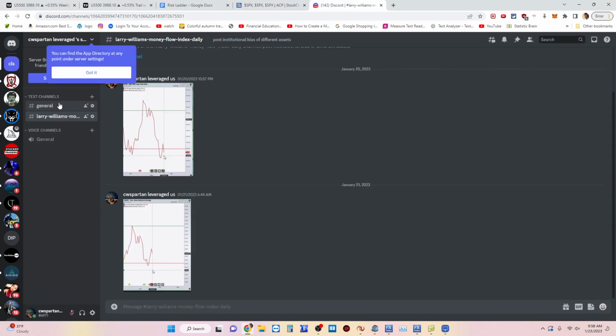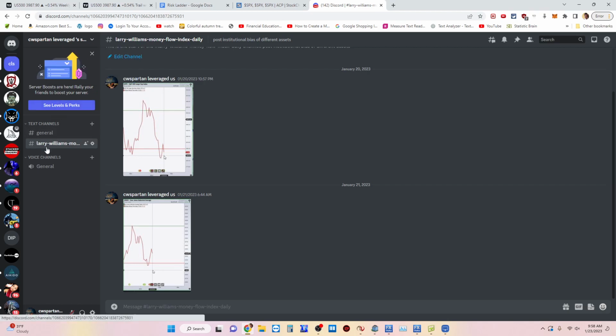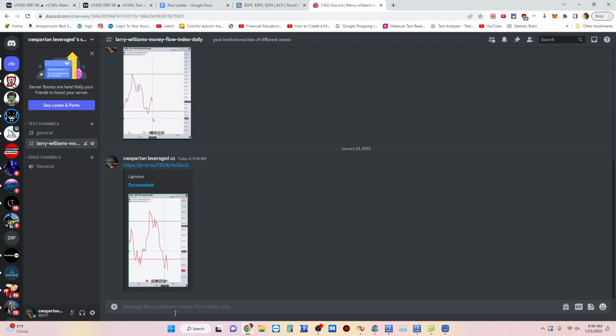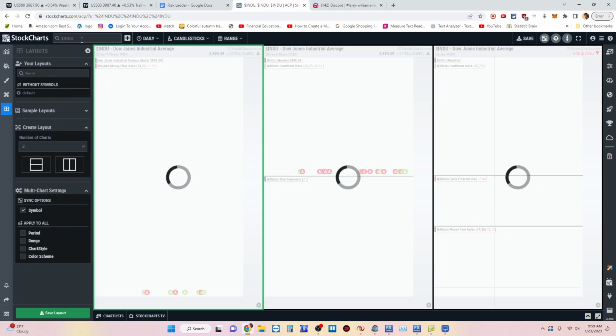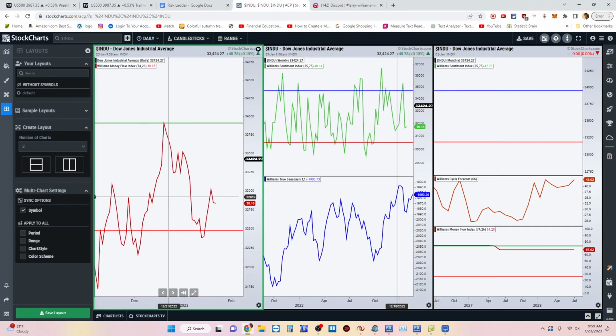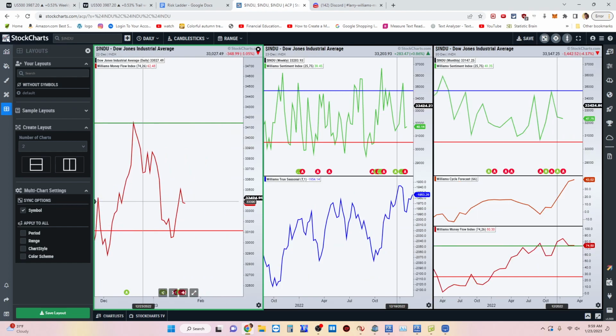And then this is my Signal server. There's that. And then it's cool because you can see it. And then we'll go to the Indu, which is the Dow. Okay. And then this one's not convincing.